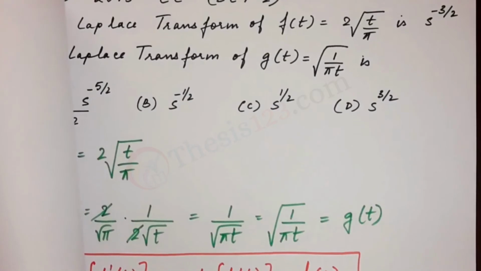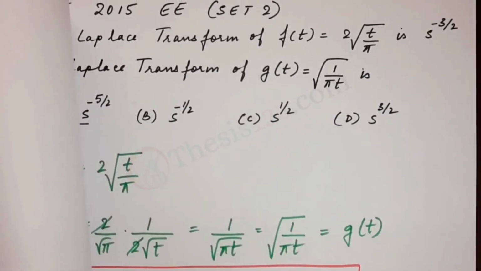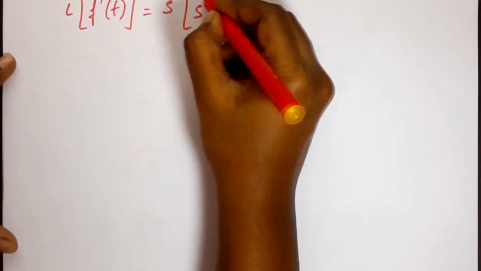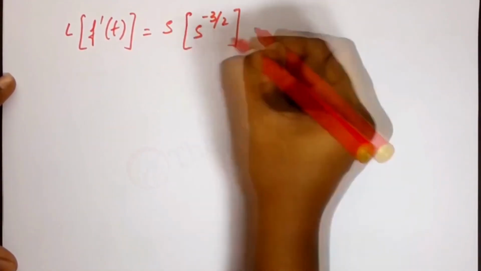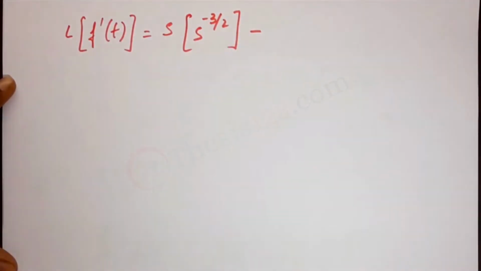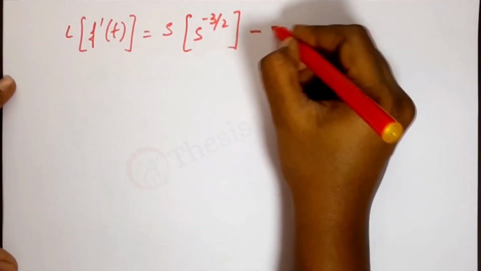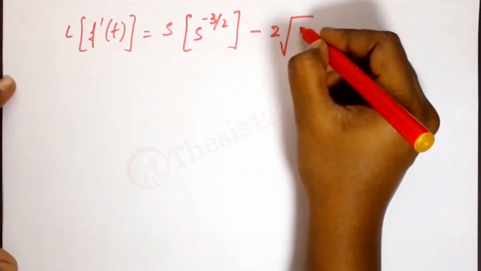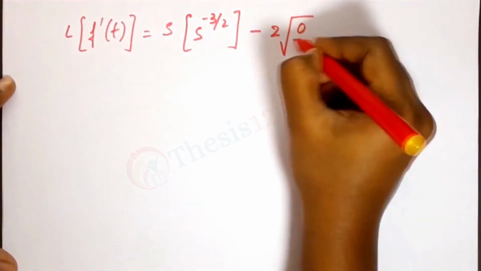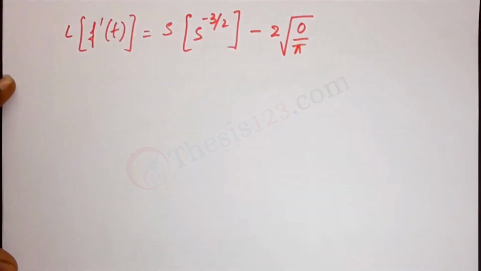Laplace of f of t is already given to us in the question as s to the power of minus 3 by 2, right? S to the power minus 3 by 2, minus f of 0. Now what's f of 0? 2 into root of t by pi. So t is 0 by pi, which is 0.